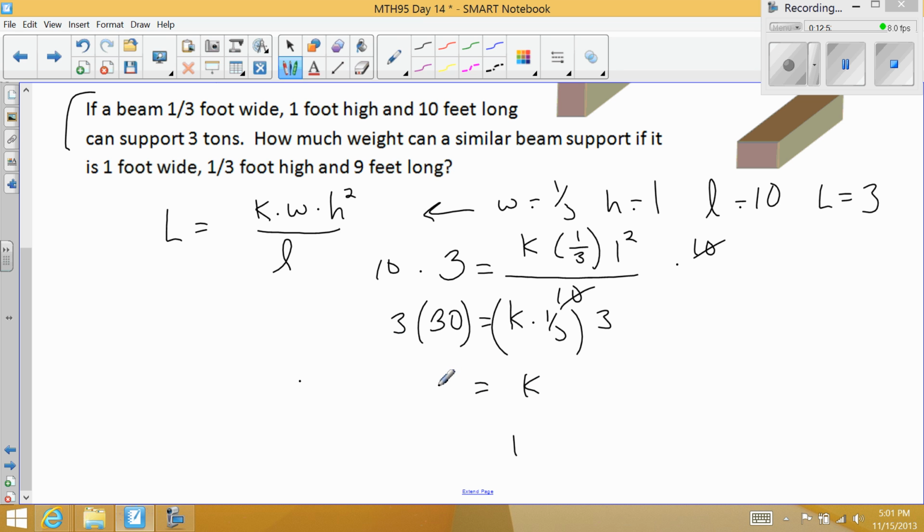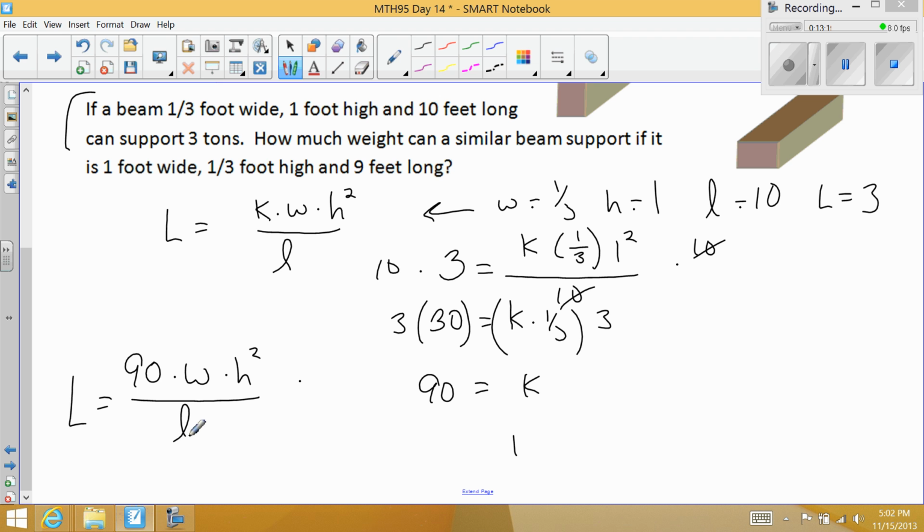And 3 times 30 is 90. So now I've got my constant of variation. And I can take that, put it into my general model here, and get a model for this beam. The load the beam can support is going to be 90 times the width of the beam in feet times the height squared divided by the total length of the beam.